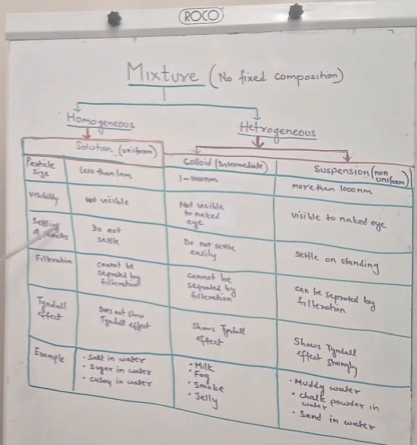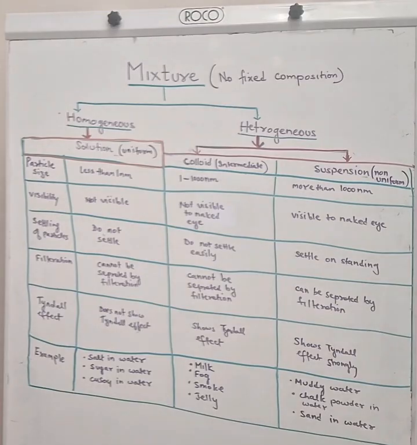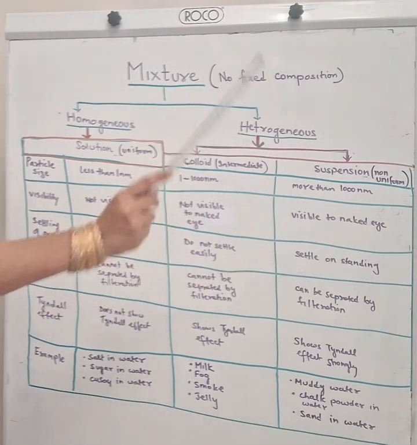Next, coming to the settling of the particles. If you take a solution and keep it in a resting position, the particles do not settle. Colloids also do not settle easily; in normal condition, colloid will not settle. But a suspension, if kept in a resting position, will settle.